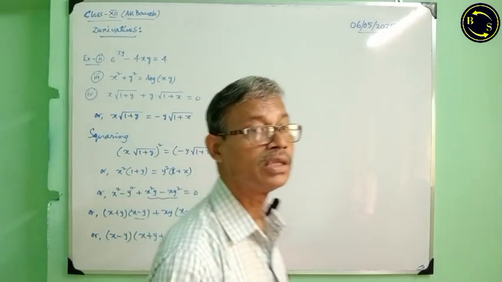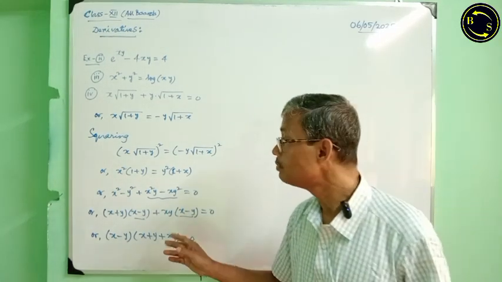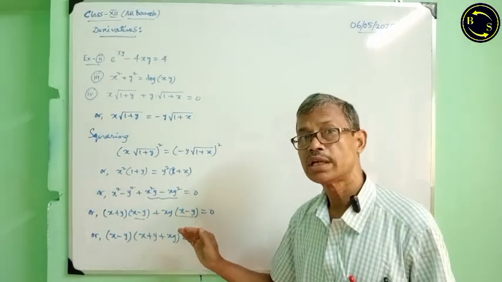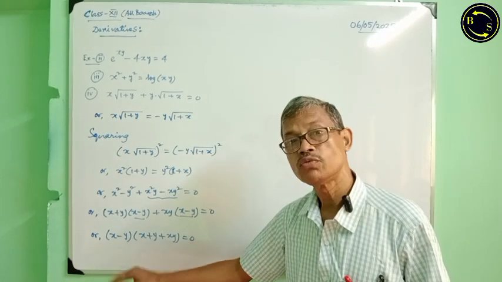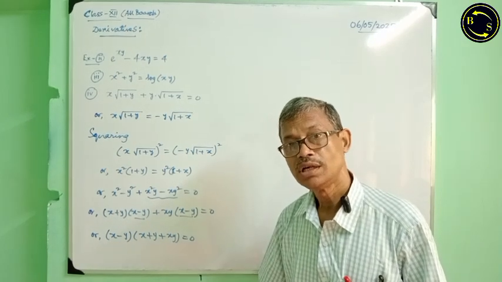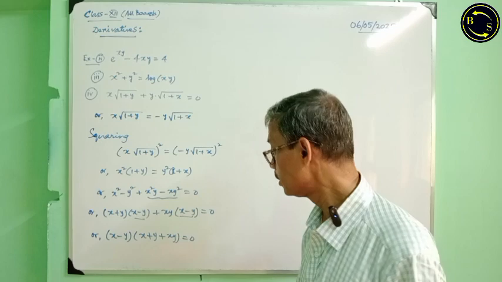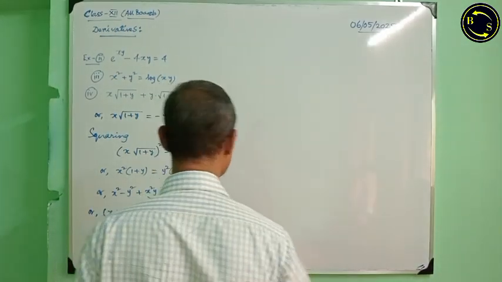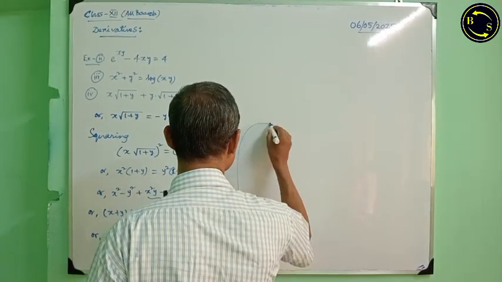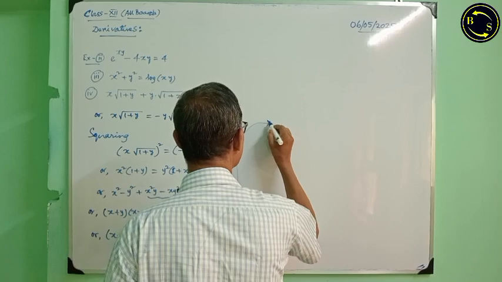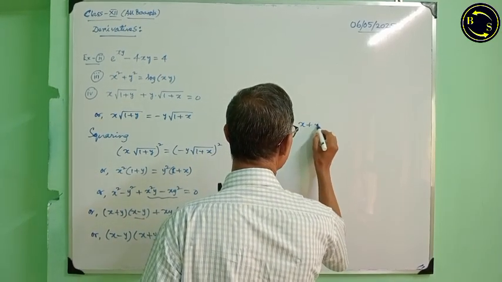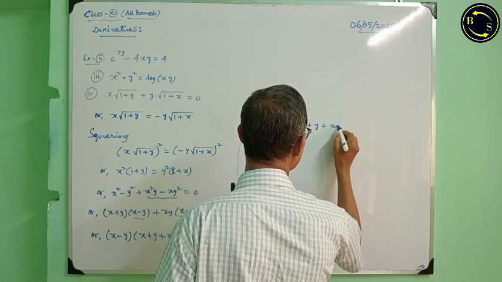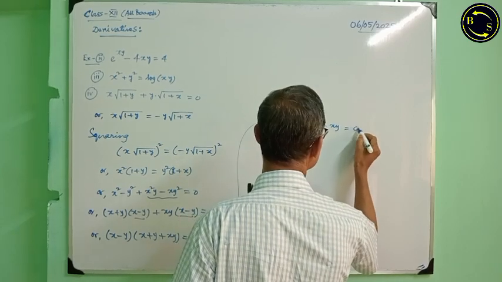Generally we treat, if there be two variables x and y, generally we take these values of these two variables are unequal. Keeping that in mind, we write next, x plus y plus xy is equal to 0.